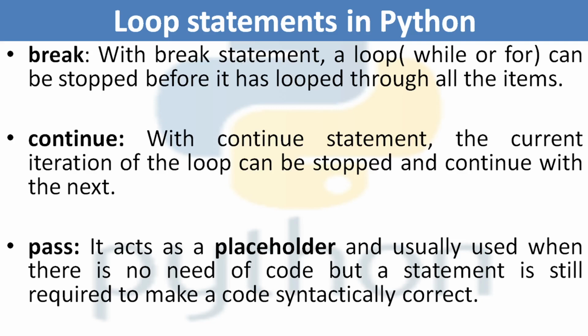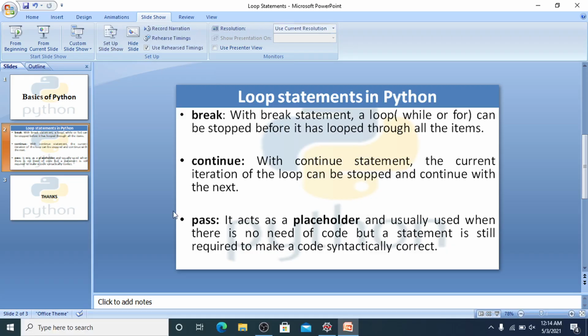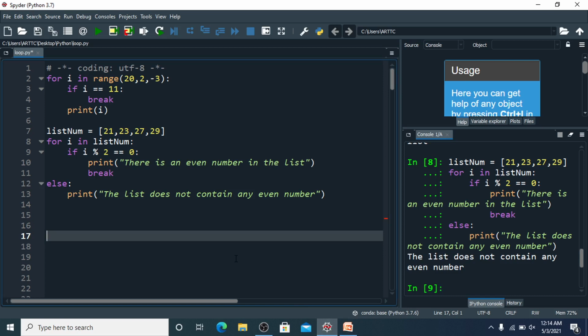So with the continue statement, the current iteration of the loop can be stopped and we continue with the next. So what does it mean? Let us take it on our IDE. Here we have used break. So what if we want to use continue?